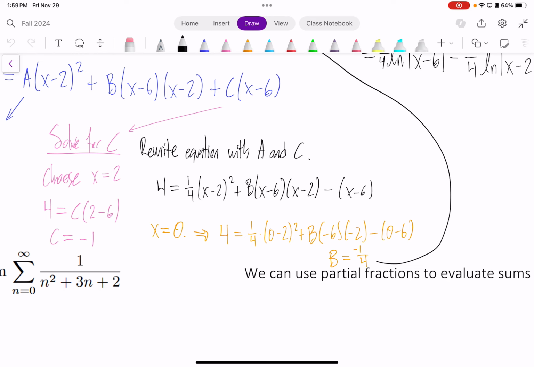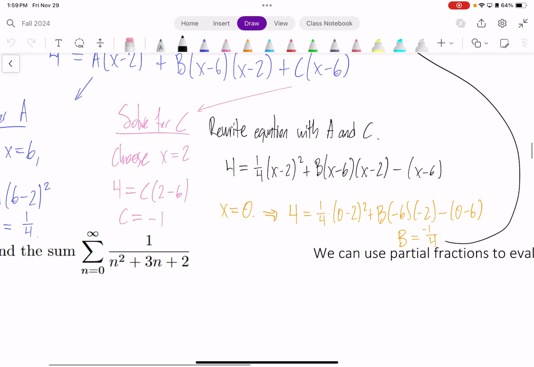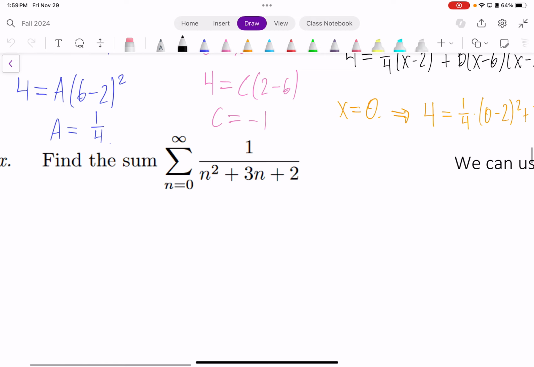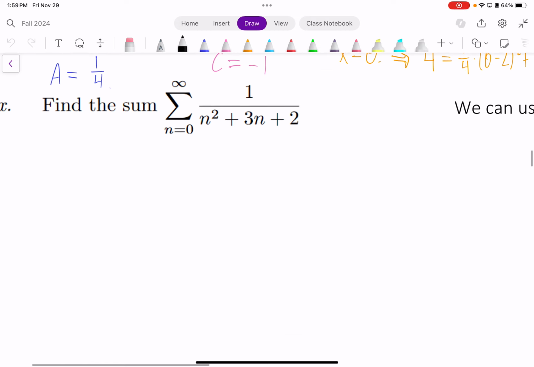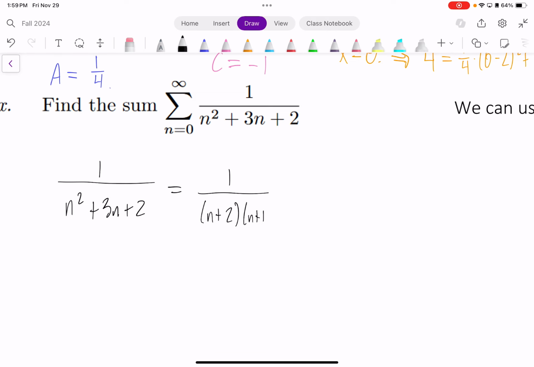All right, so let's use our partial fractions to evaluate this sum. Let's do it really quick. So let's factor this rational expression. This is 1 over n squared plus 3n plus 2. We're going to factor that as 1 over n plus 2 times n plus 1.